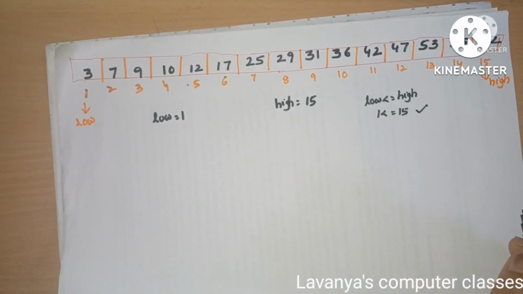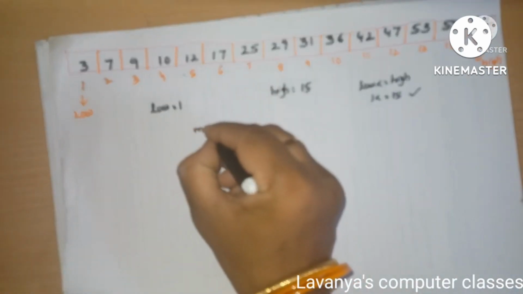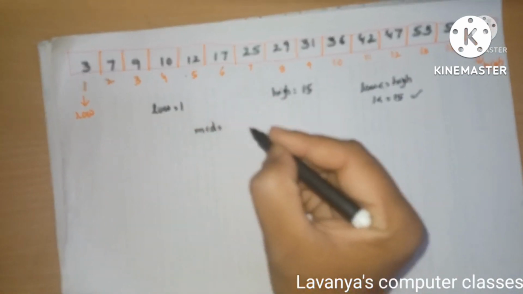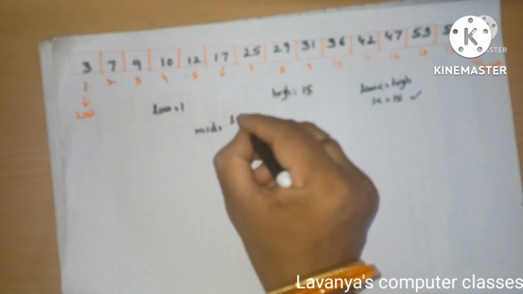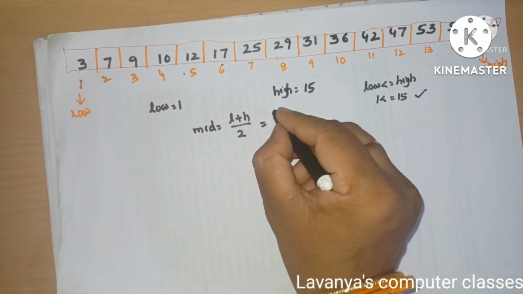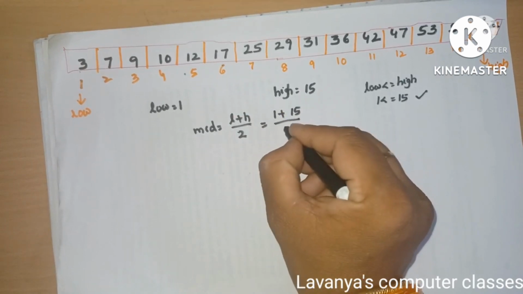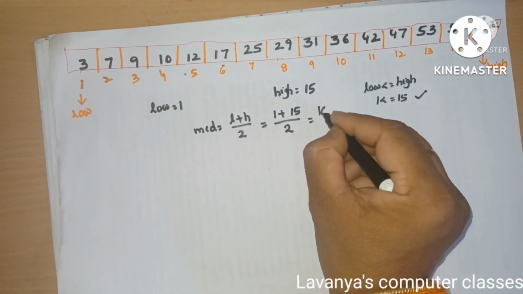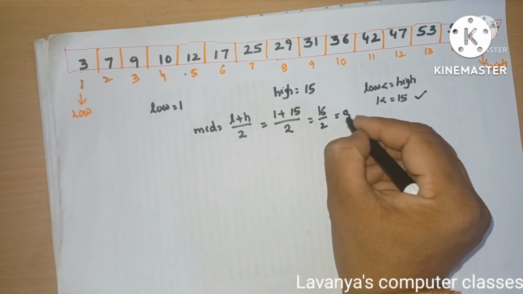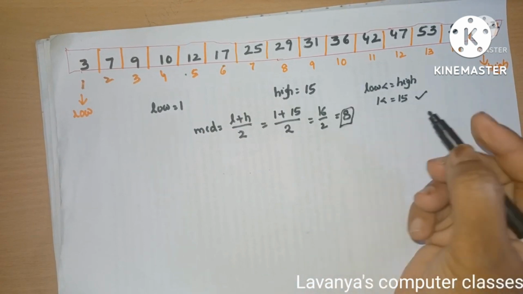Once the condition is true, we calculate the mid element. Mid equals low plus high by 2. Low is 1, high is 15, so 1 plus 15 by 2 is 16 by 2, that is 8. So the middle element is at position 8.